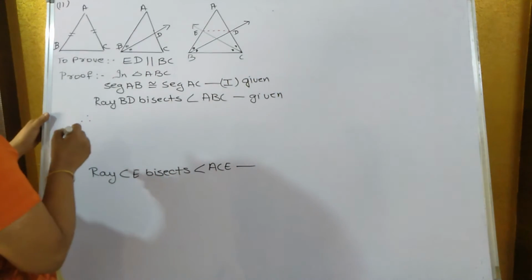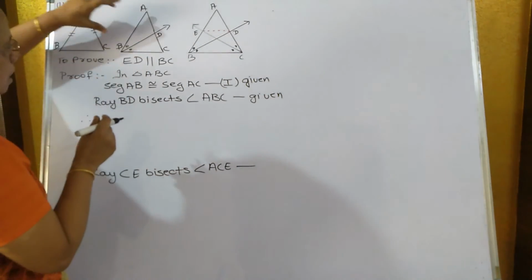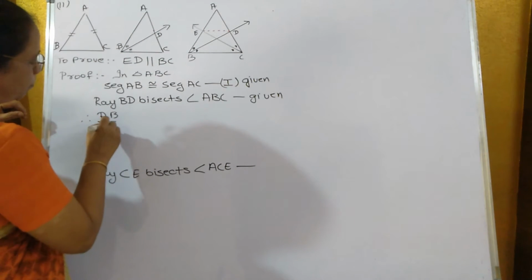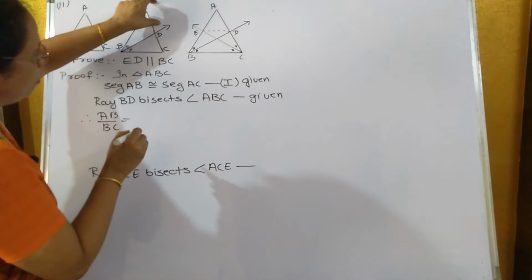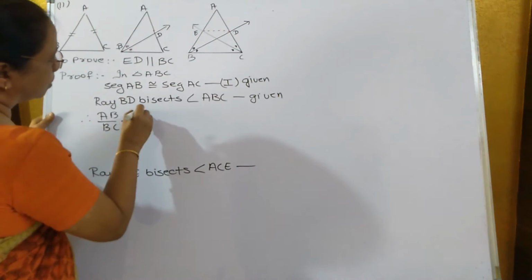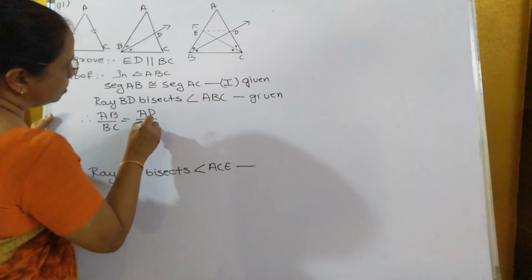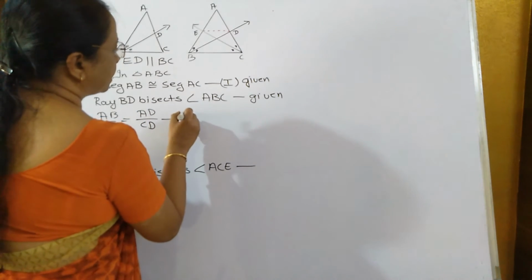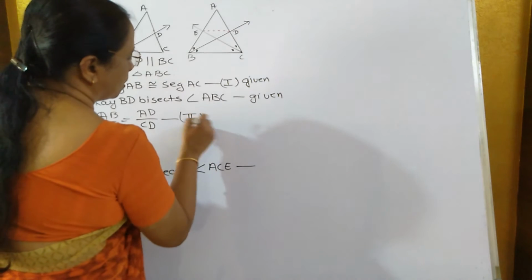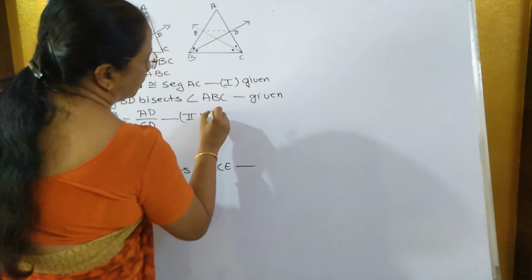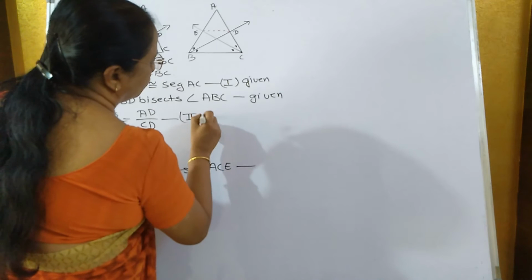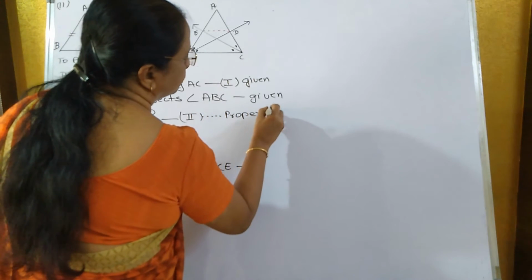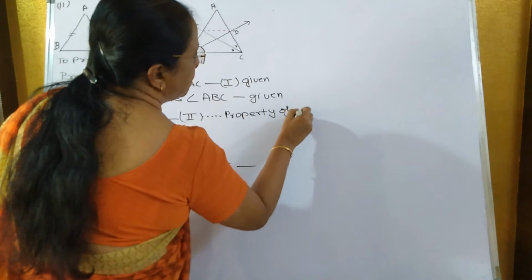Therefore, by property of angle bisector, AB upon BC is equal to AD upon CD. Let us take that as 2, by property of angle bisector.